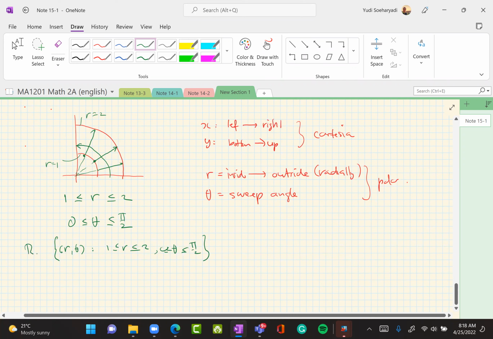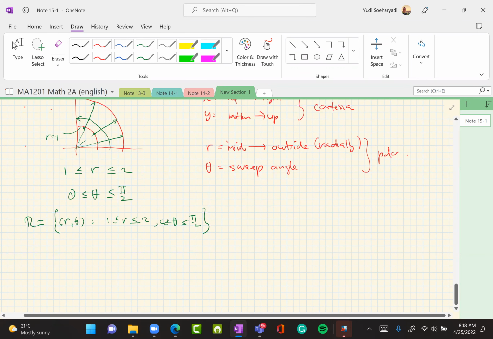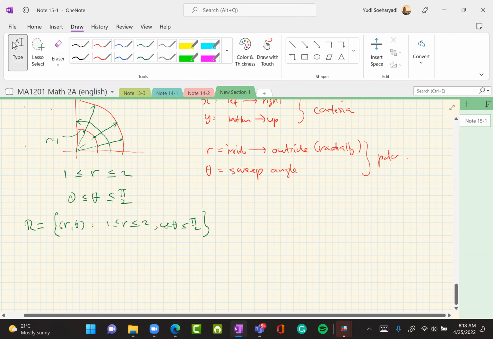So this is our region. This is complicated to express in Cartesian coordinates, because you have to divide the region into two simple domains. But using polar, this is easy.